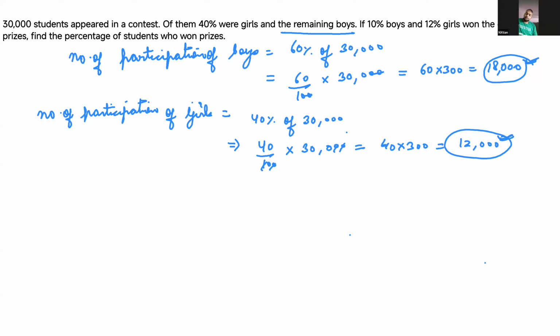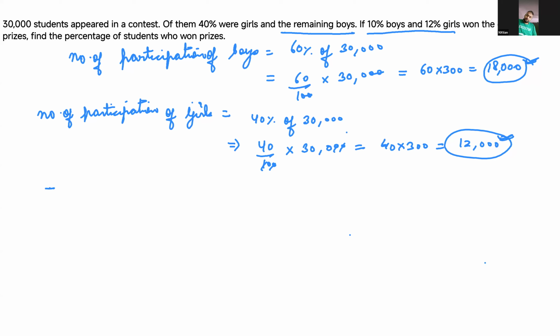So it means that the total boys are 18,000 and total girls are 12,000. Okay. Now, if 10% of boys and 12% of girls won the prize, so it means that out of 18,000 boys, 10% boys won the prize.